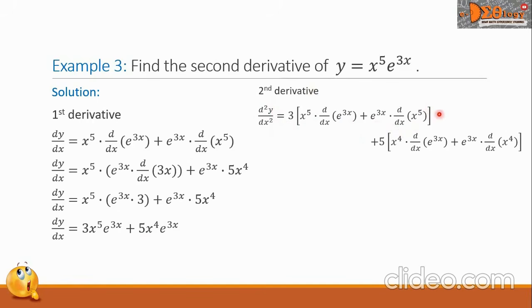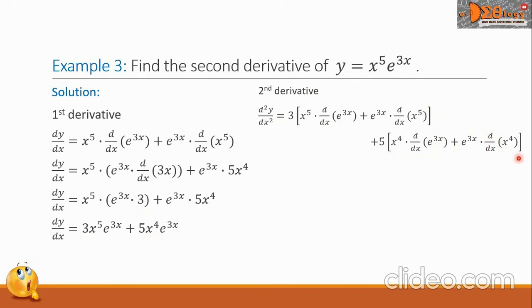So this is for the first group here. Plus the derivative of this. So we write here the constant 5 outside and then x raised to 4 times derivative of e raised to 3x plus e raised to 3x times derivative of x raised to 4.